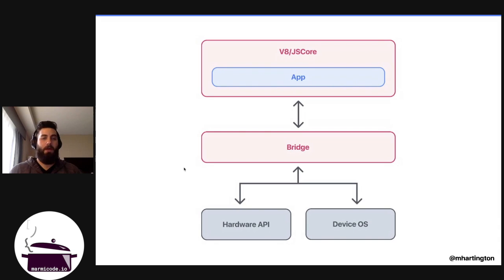So this bridge will go out, call the hardware and device features, return the values, and then send that back into the app. Meanwhile, it's generating the buttons, the images, headers, what have you, your entire app UI on the fly as it's needed. So a similar-ish setup with some internal details that are a little bit different.